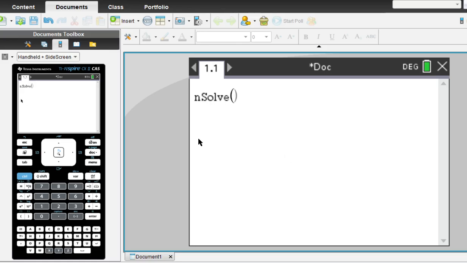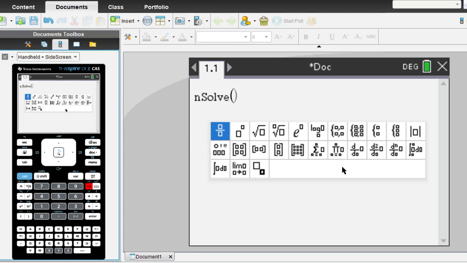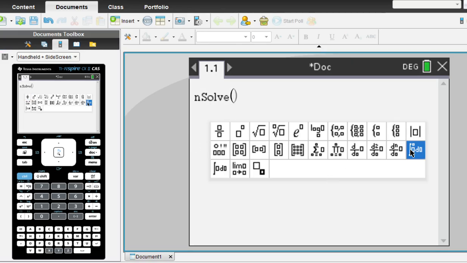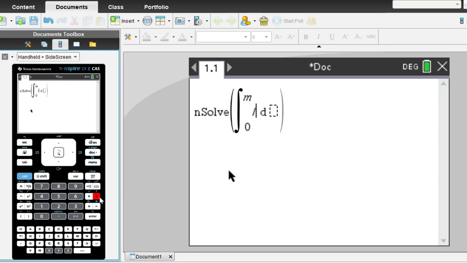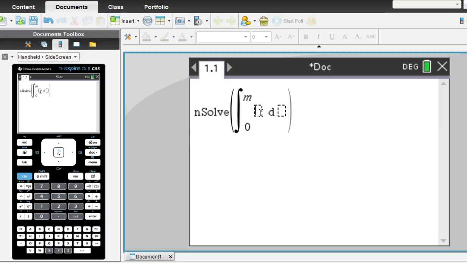So let's say we want to solve for an integral from 0 to m. We want to find m such that, remember, our function was 3 over 64. I want a fraction in here.